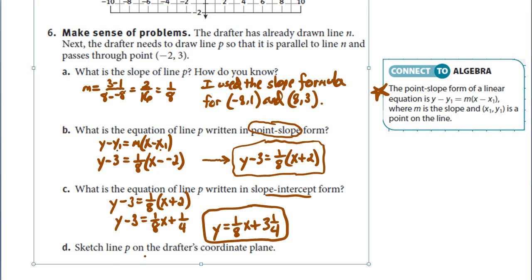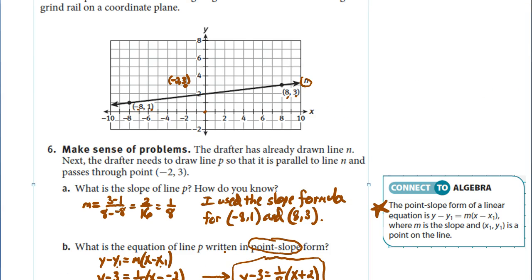Finally, sketch line P on the coordinate plane. We'd already found that dot a long time ago, and remember that we were going to use a slope of 1/8. So up 1 over 8. 1, 2, 3, 4, 5, 6, 7, 8.